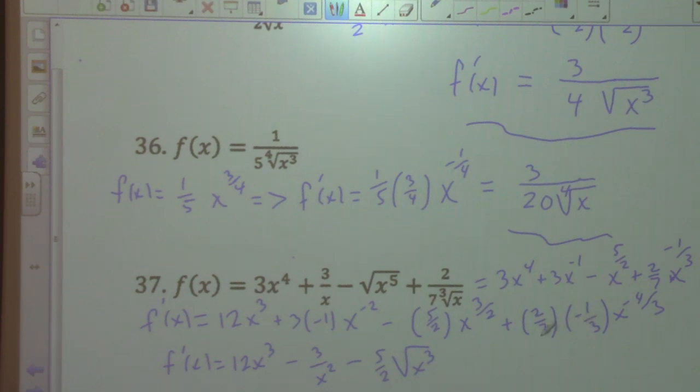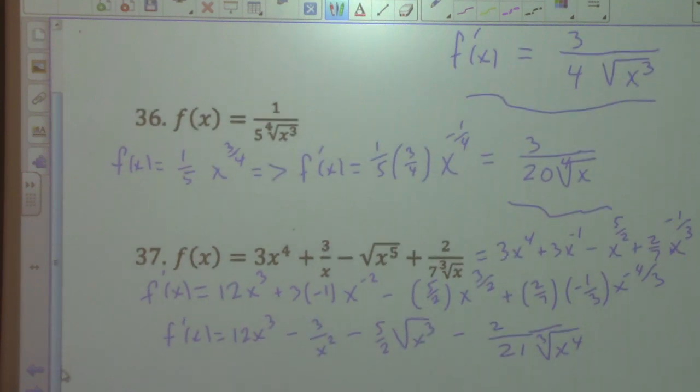And then the last one here is a bit of a monstrosity. So we get this, looks like minus 2 over 21 cube root of x to the 4th. Is that right? Help me out, is that what you got?